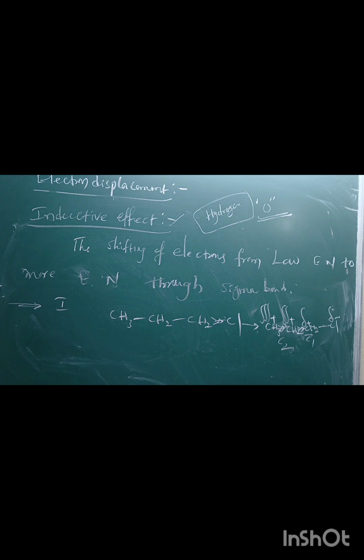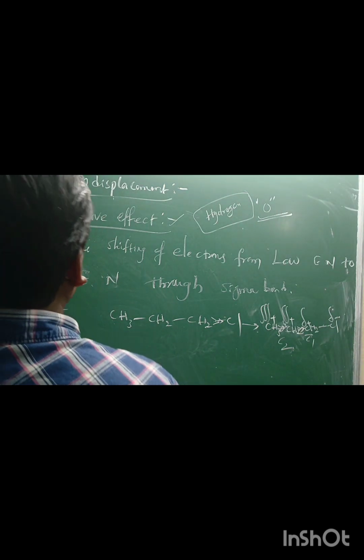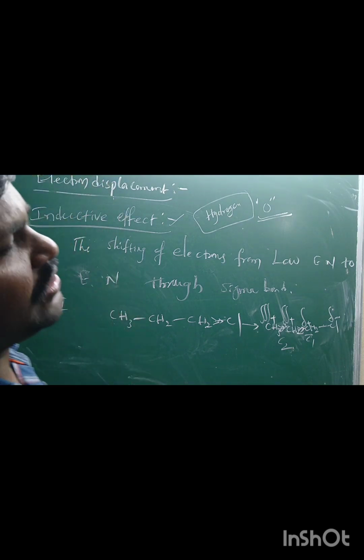The displacement of electrons takes place due to the difference in electronegativity of the atoms involved in the covalent bond. The electrons never leave their original atomic orbitals. It always operates through a sigma bond, not involving pi electrons.